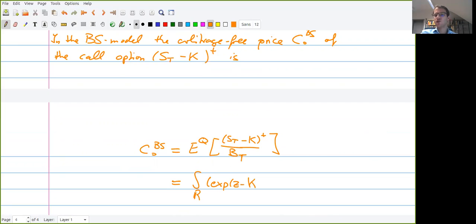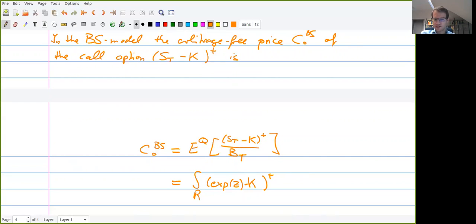You know the distribution of the price at the terminal time, right? This is just given by a normal distribution. That's why you have, right? So you take the exponential. This is an exponentially distributed normal random variable.